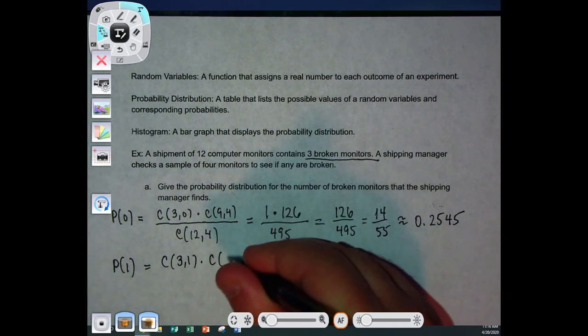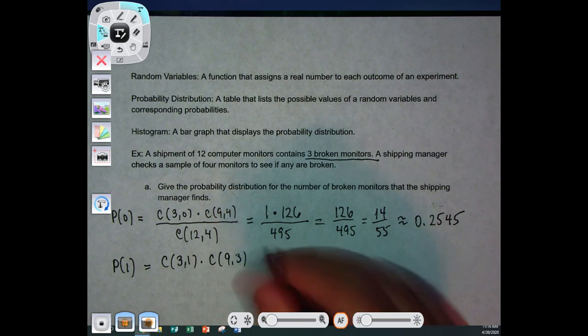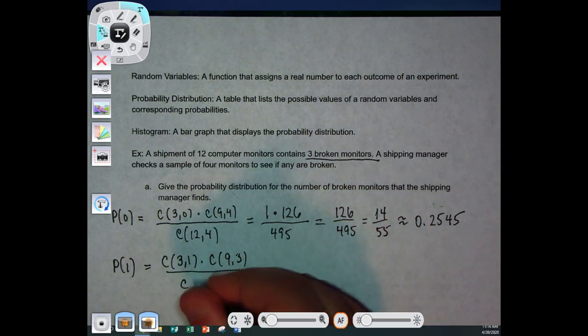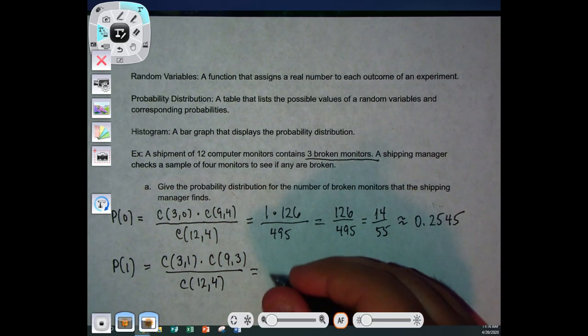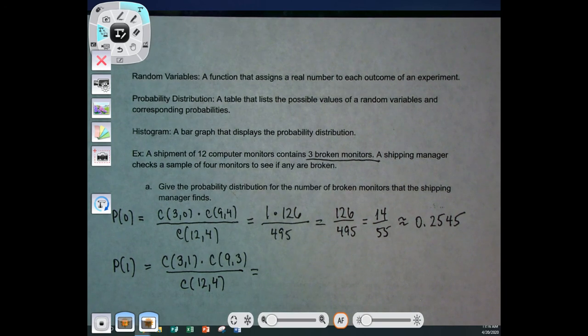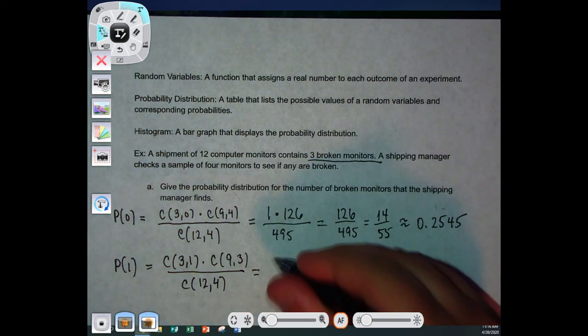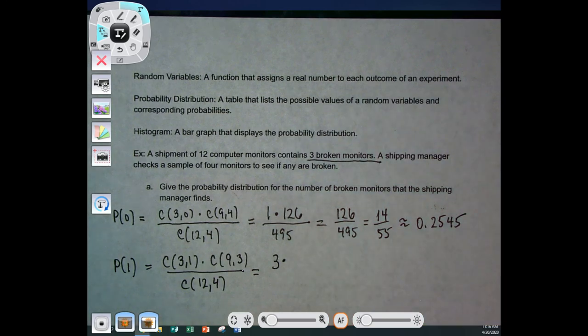Then for the probability of 1, that would be the combination of 3 choose 1 times the combination of 9 choose 3 over the combination of 12 choose 4. The combination of 3 choose 1 is 3, times the combination of 9 choose 3, which is 84, over 495.